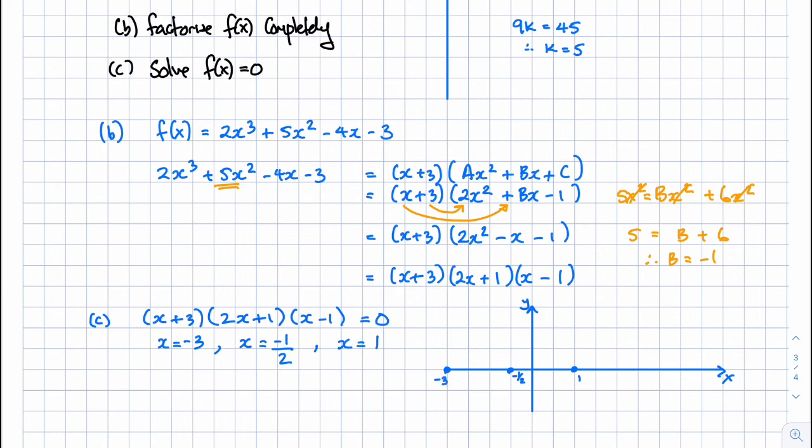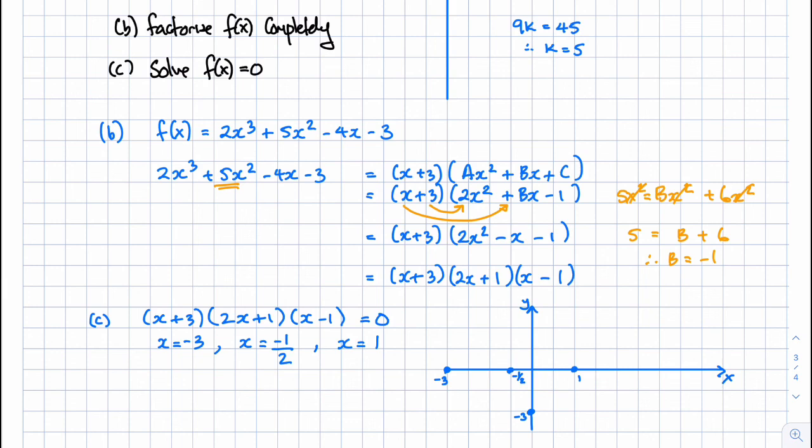What else do we know? We know the y-intercept is at minus 3, so this term over here represents your y-intercept. So let's say that's over here somewhere. So this is minus 3, and since the polynomial has a positive coefficient of x cubed, we know it will have to start somewhere around here, and it will make its way up, and it will come down, and then it will come back up again over here.